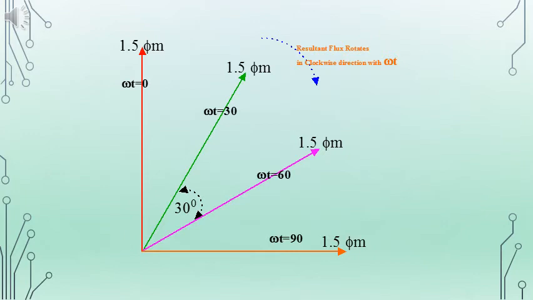If omega t is equal to 90 degrees that we have taken, the resultant has also rotated with the same angle in clockwise direction. So the four instances that we had considered are shown in the figure. We can see at each instant the resultant is rotating in clockwise direction and it has a constant magnitude of 1.5 phi m.